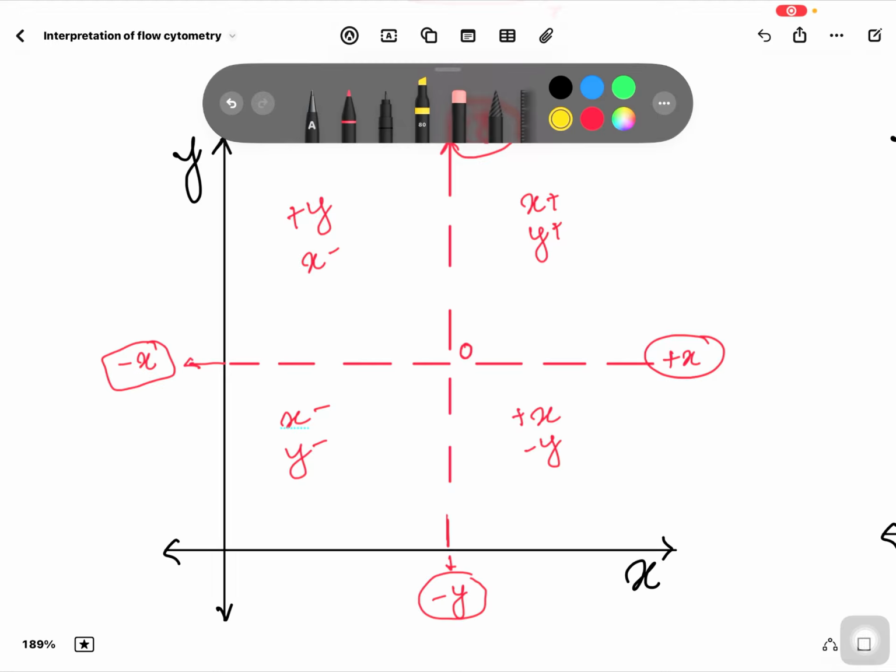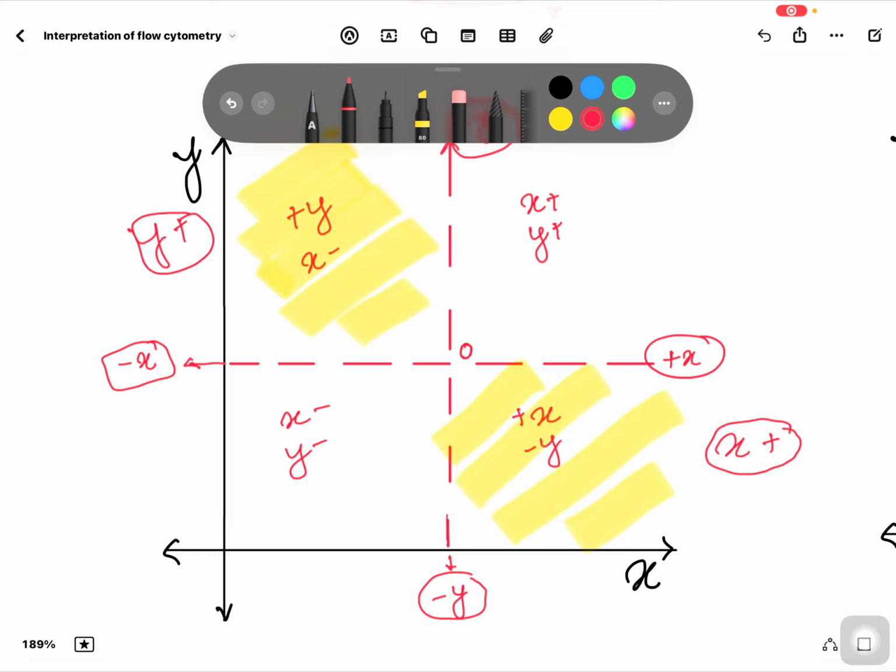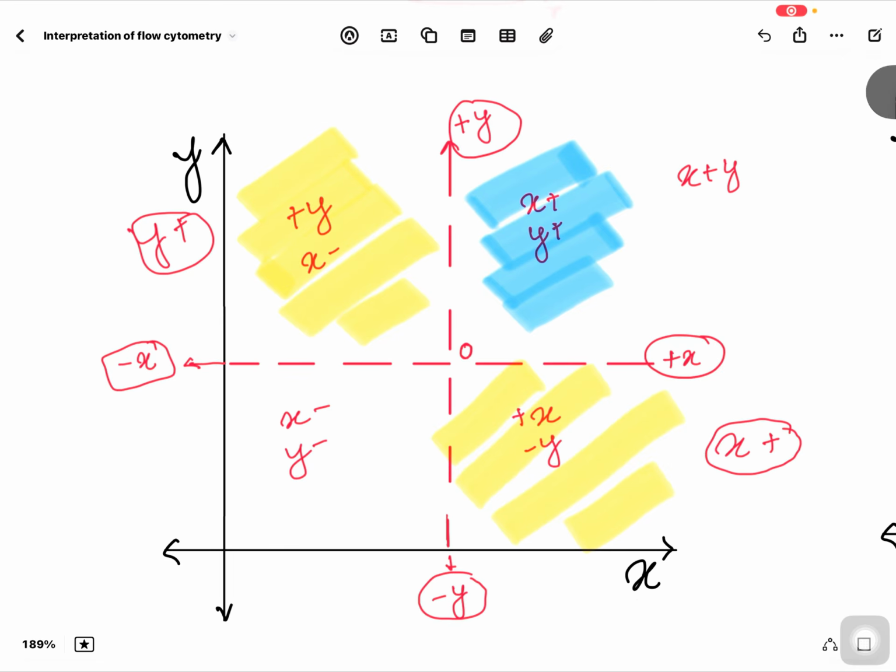This quadrant tells you it is only x positive, while this quadrant tells you about only y being positive, and this quadrant tells you both x and y are positive.